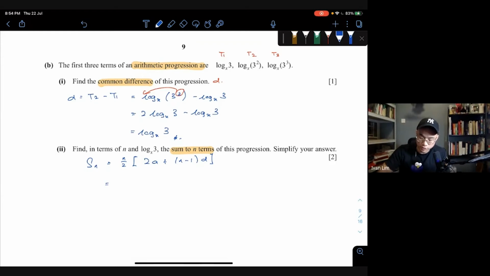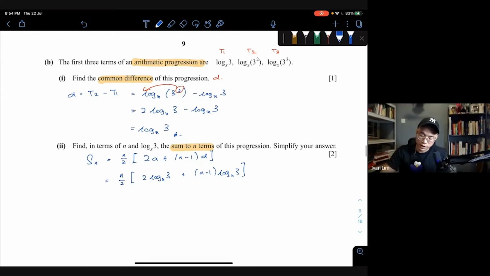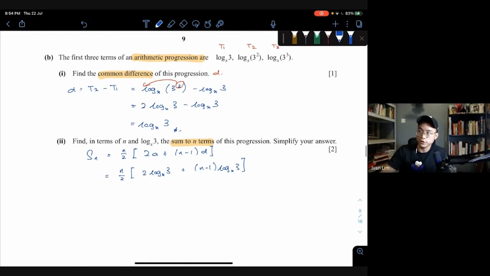We want it in terms of n, so n over 2, 2 log x3 plus n minus 1 log x3. Okay? So a and d are both log x3.